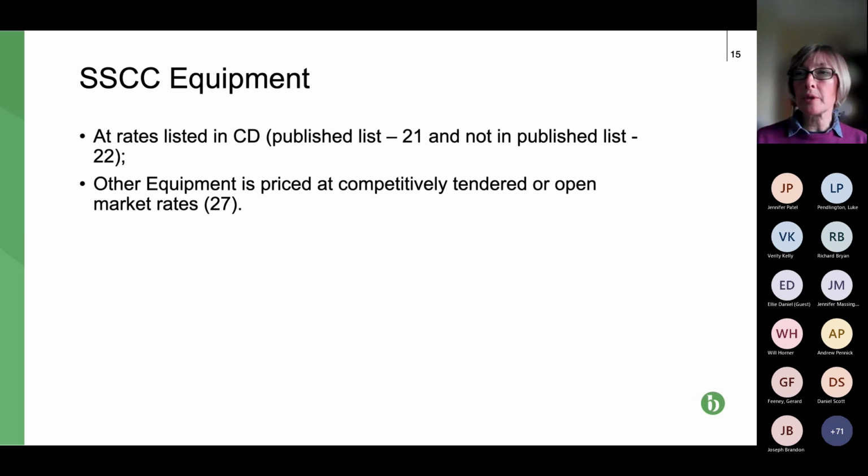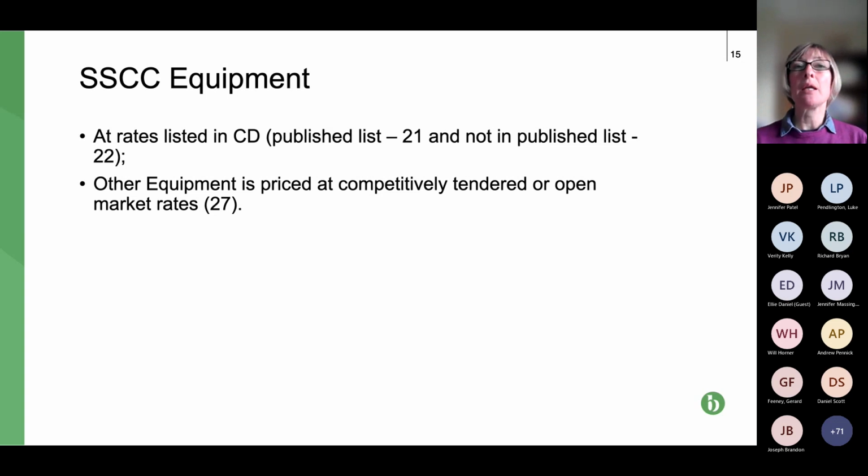Any other equipment that's not in the rates stated as being published rates is priced at a competitively tendered or open market rate. That's all good and reasonable, in that under the shorter schedule, predominantly looking at compensation events for options A and B, you're going to get paid one way or another.